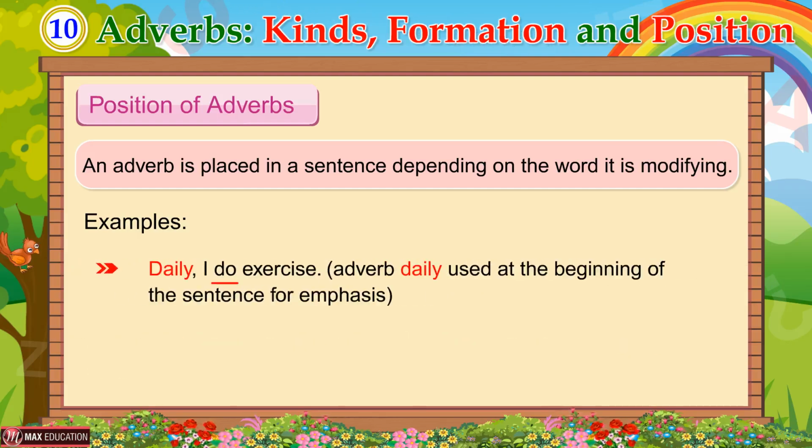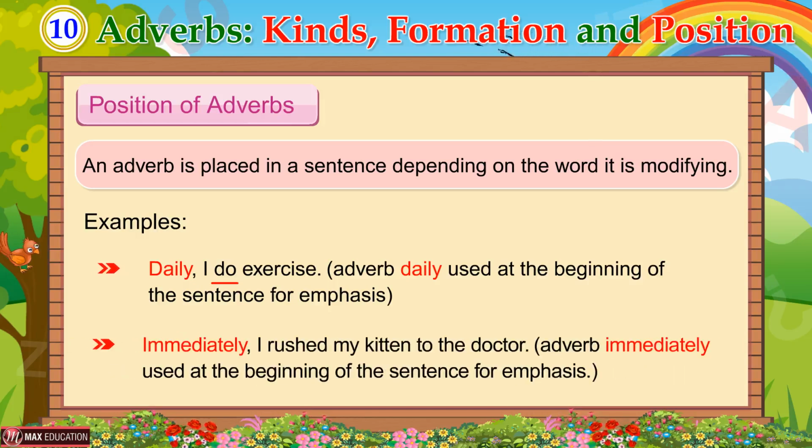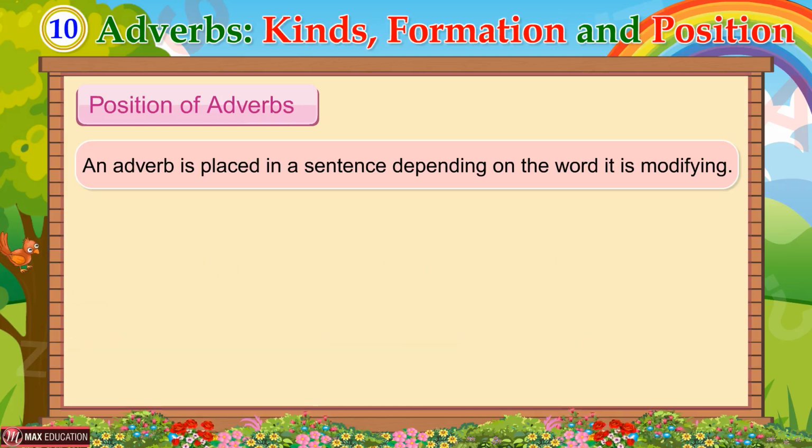Daily I do exercise. Adverb daily used at the beginning of the sentence for emphasis. Immediately I rushed to the doctor. Adverb immediately used at the beginning of the sentence for emphasis.